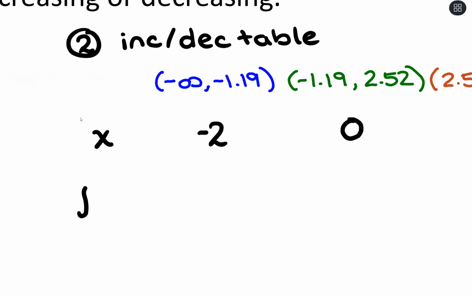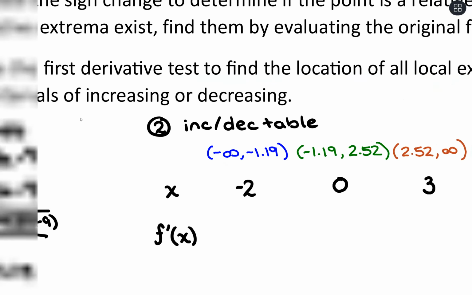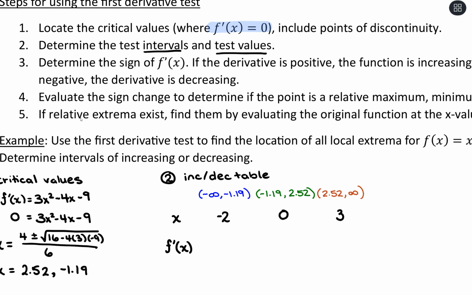So now what I want to do is evaluate the first derivative at each of those points. So where we're at with this is that we're deciding the test values. That's what x is called here. So those are our test values. And we want to determine the sign of our first derivative.